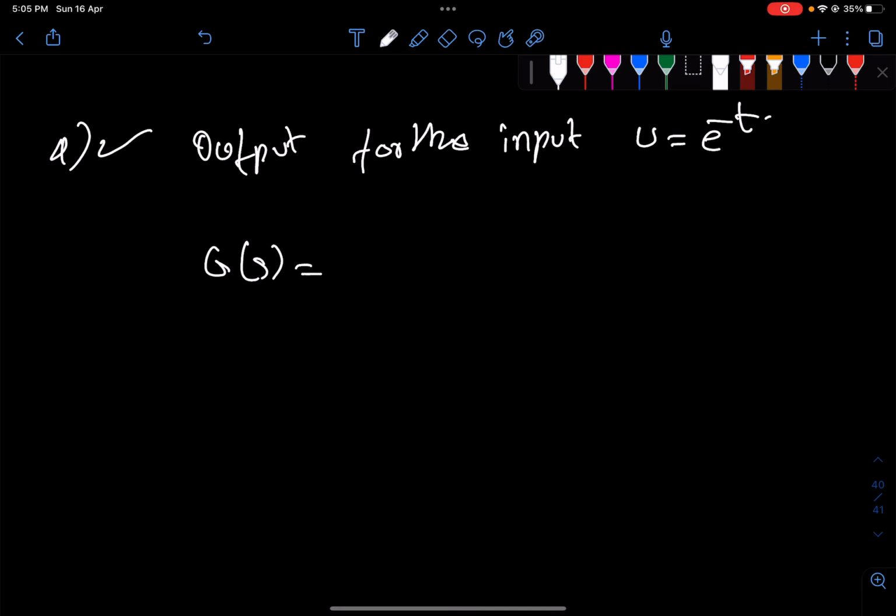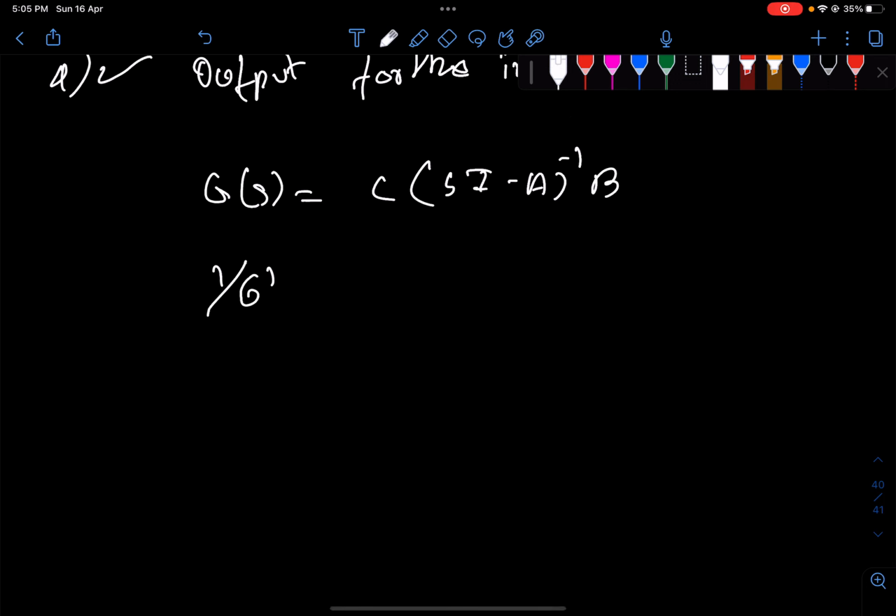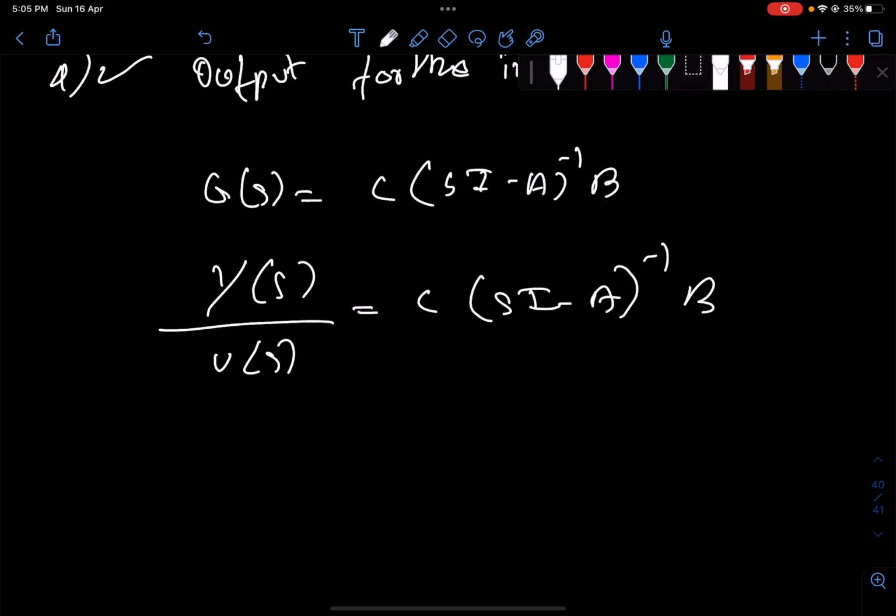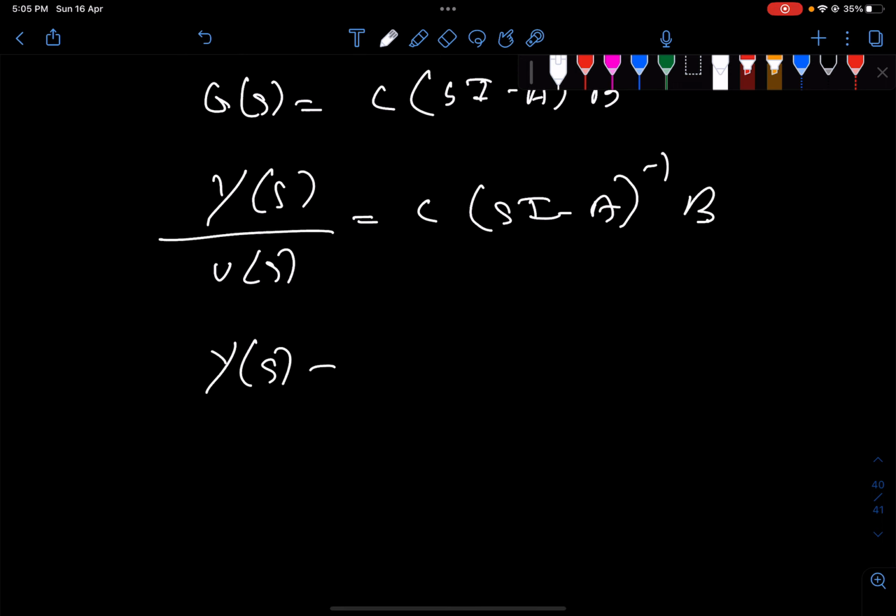G(s) is equal to C(sI - A)^-1 B + D, where D is 0, right? Or Y(s) divided by U(s) equals C(sI - A)^-1 B. What is the output? Y(s) is equal to C(sI - A)^-1 B into U(s), right?